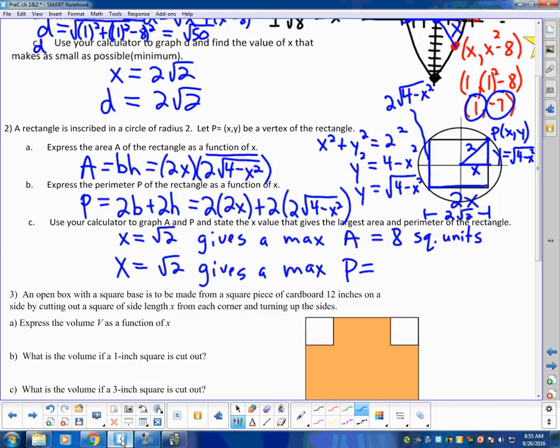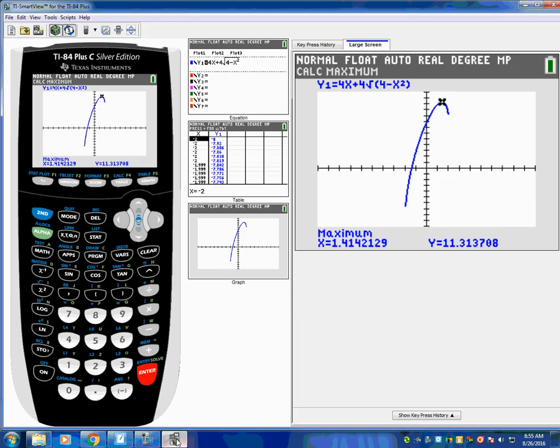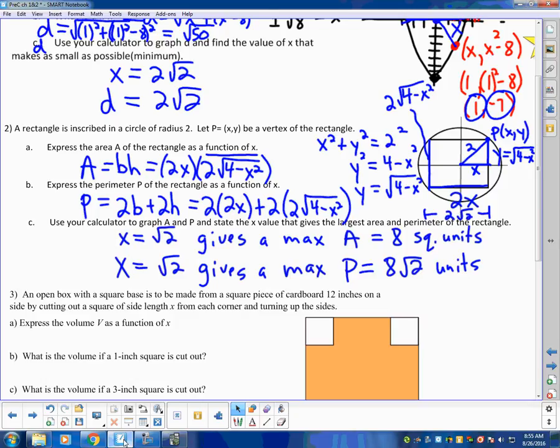It's 2 root 2 times 4, or 8 root 2. So units, 8 root 2. I don't think we necessarily recognize that this is 8 root 2, but if you plug root 2 into the perimeter formula, you get 8 root 2. Okay? So any questions on that?